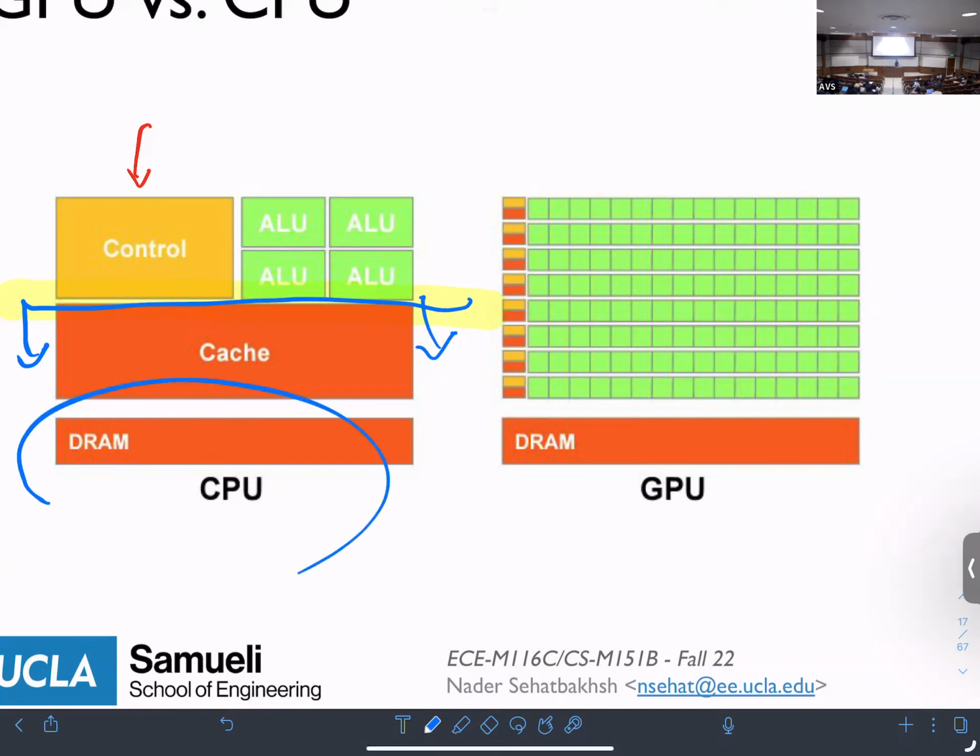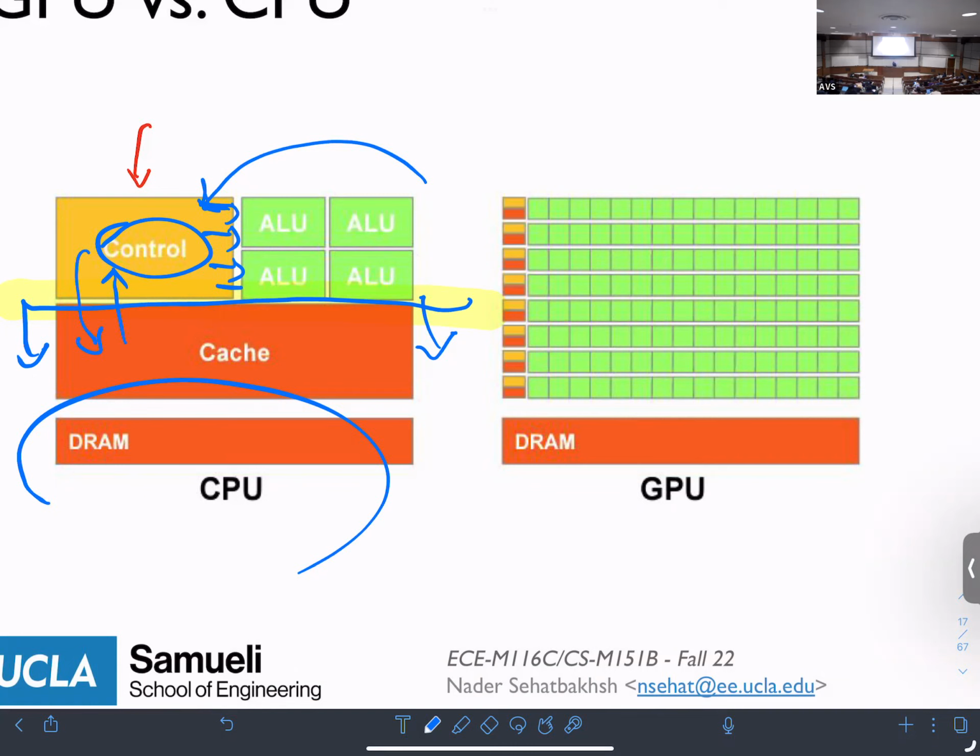The control unit was all the fetch, decode, rename, all those things. So these were all implemented here. Then this part was basically our functional units. And then we get the results back into our controller, and then we interact with the cache and with our main memory, right?